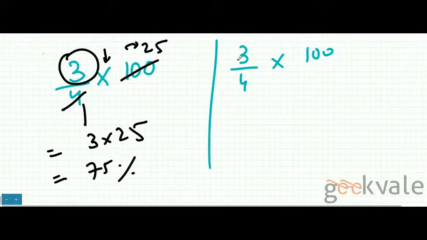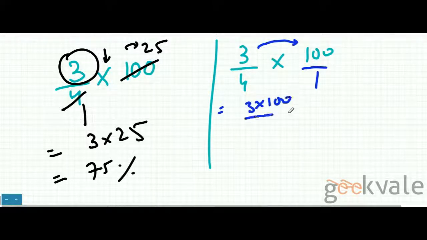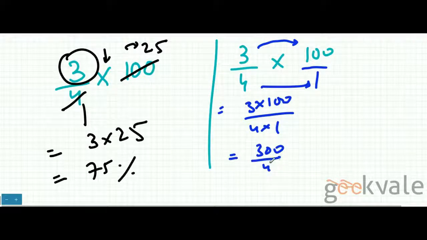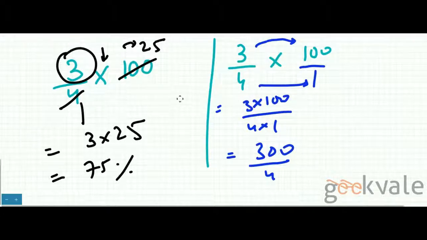On the right side, we're going to treat 100 as a fraction, 100 over 1. So numerator times the numerator, 3 times 100, denominator times the denominator, 4 times 1. You get 300 over 4. Now, this is a fraction. We need to simplify it. If you don't know how to simplify fractions, you can check out the lecture on simplifying fractions.